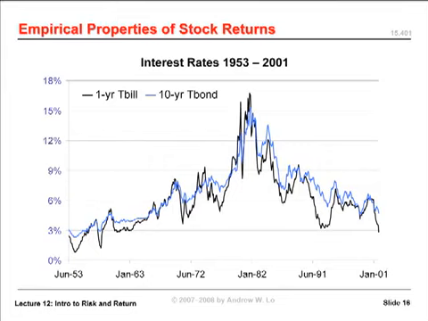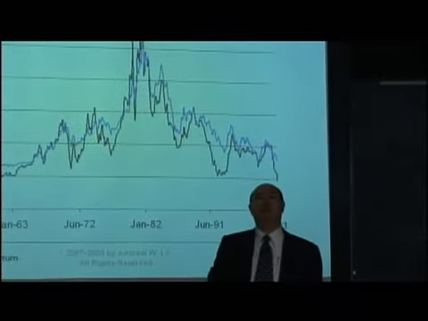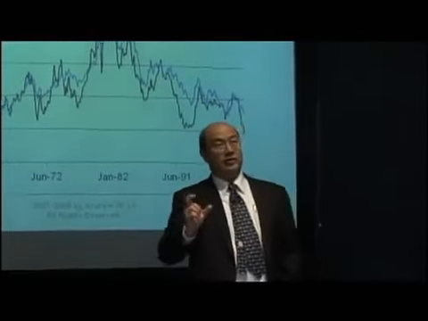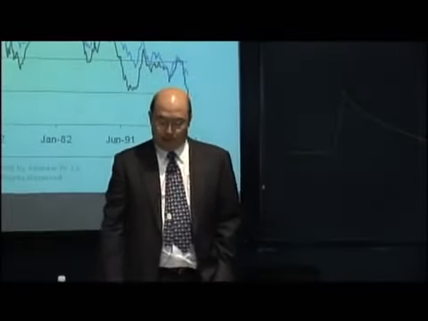Now, just to give you a sense of where interest rates have been, I think we discussed this when we did fixed income. Interest rates have really been all over the map. There was a point in our history, not that long ago, where the short-term interest rate, the one-year T-bill, was something like 16 to 17% per year. That's the one-year T-bill, right? It's astonishing.